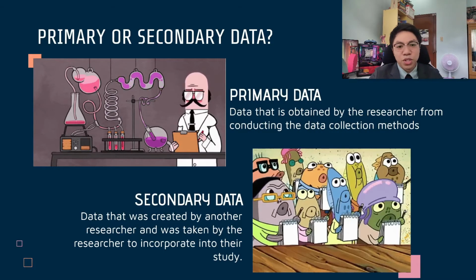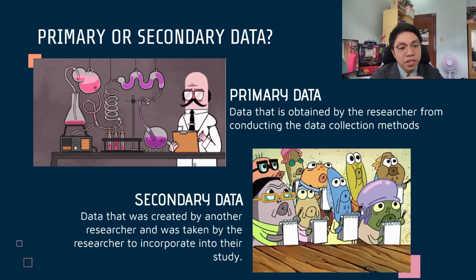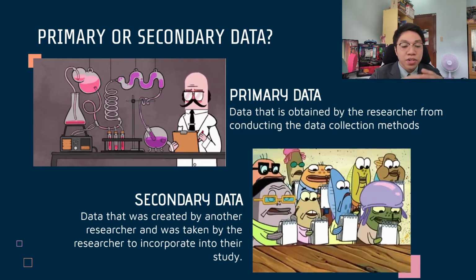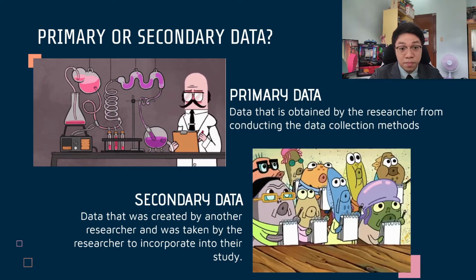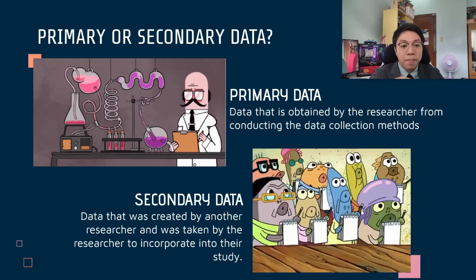So, how does one choose between primary or secondary data, or what is even the difference between them? Primary data is data that's been obtained by the researcher from conducting the data collection methods themselves. So if you're conducting an experiment, you're getting primary data.